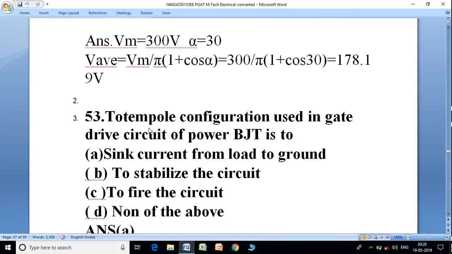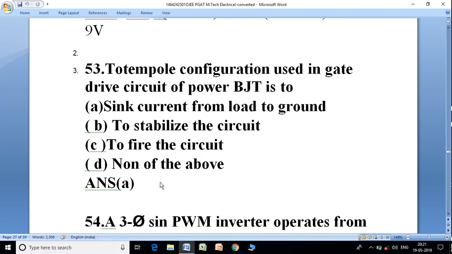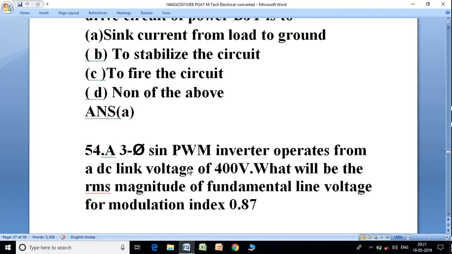So, the totem-pole configuration used in the gate drive circuit for a power BJT is to sink current from load to ground, to stabilize the circuit, to fire the circuit, none of the above. So the correct answer is sink current from load to ground.